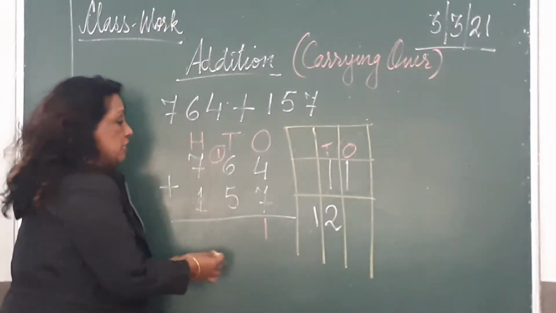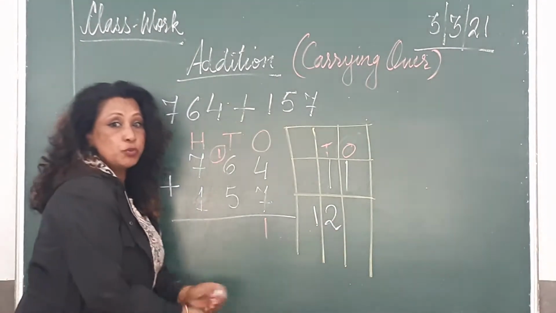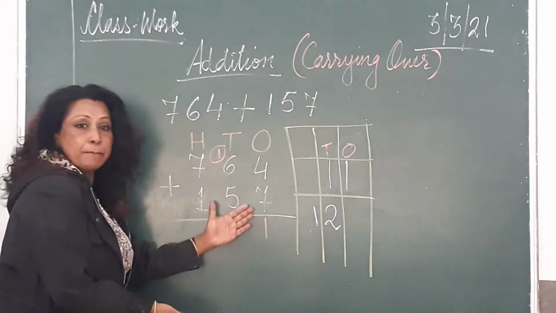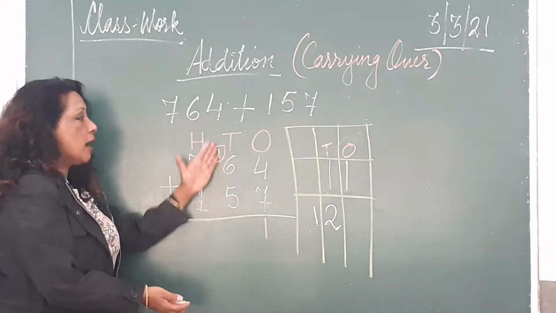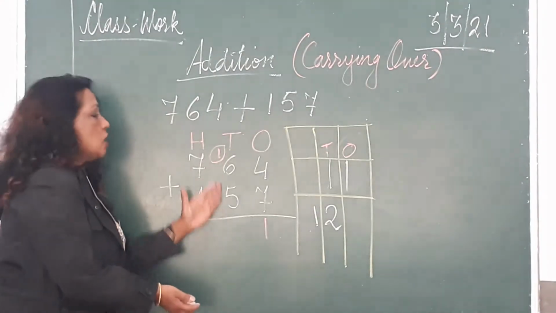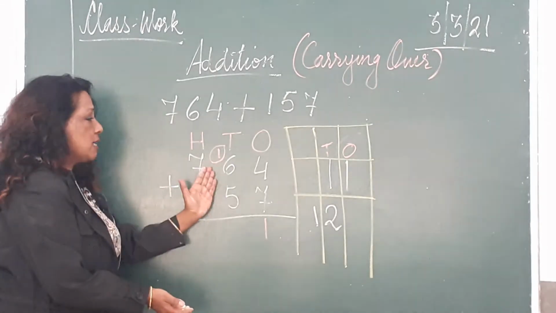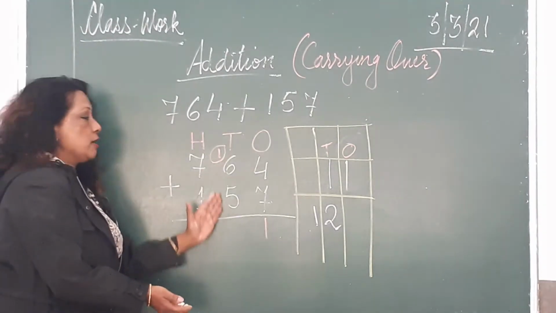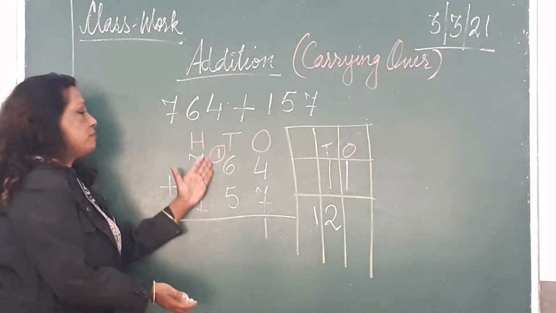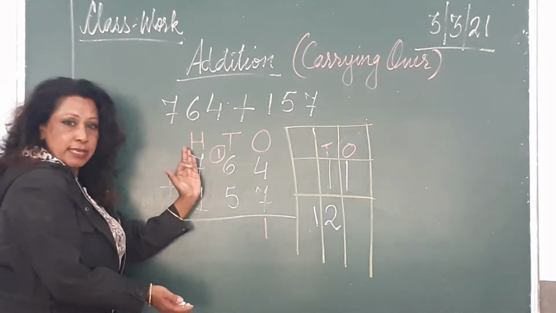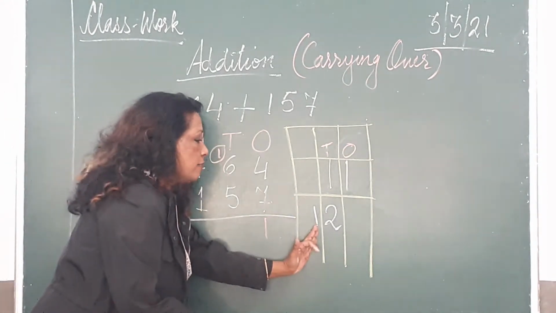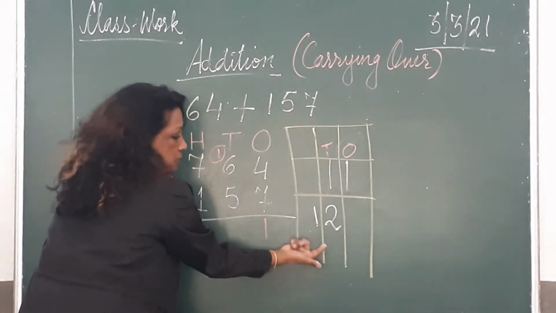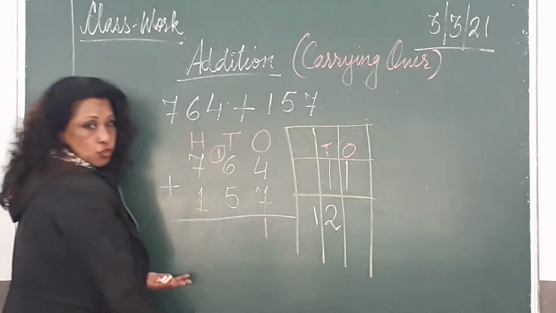Now look here. This 12 you cannot write here because we were not adding one number under ones. We were adding numbers under tens, isn't it? So when we added the numbers under tens, 6 plus 5 is 11, 11 plus 1 carried over gives you 12. So 12 you have to write here under tens, not under ones. So under ones you don't add.